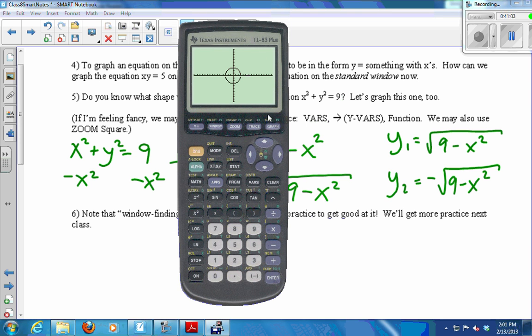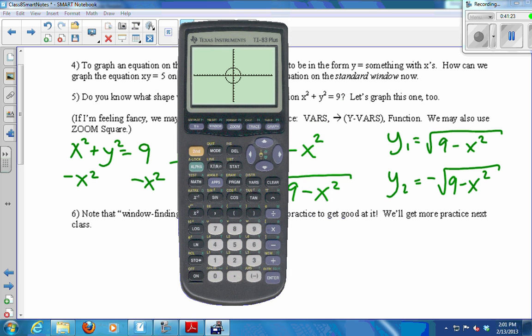So finding a good window that shows all the important features of your graph and without having too much empty space, right? Like I have all this empty space here. So that means I'm going to lose some detail because this is so small. And so finding a good window is really kind of an art, and it will take practice to get good at it.